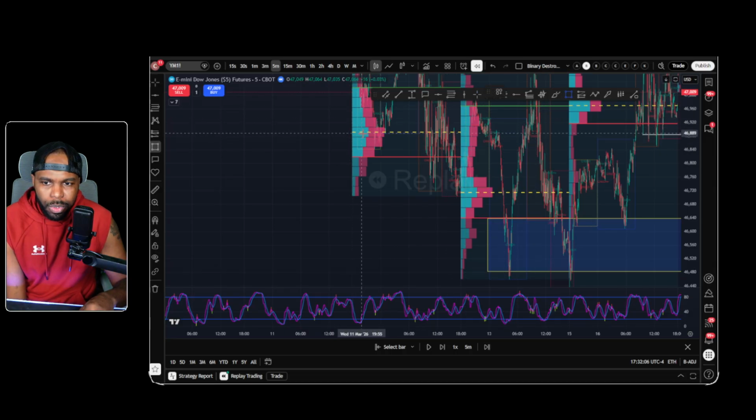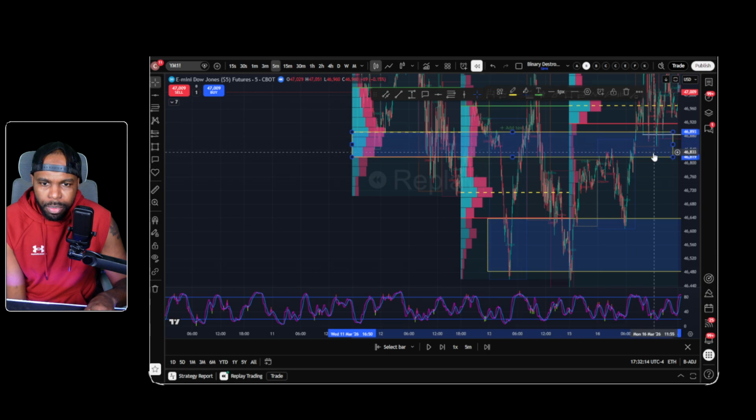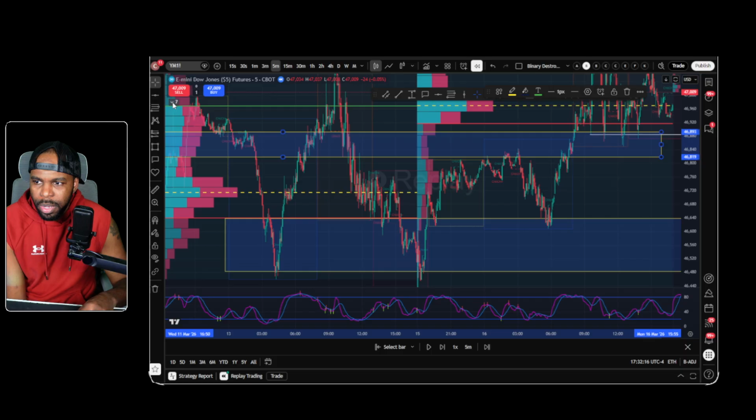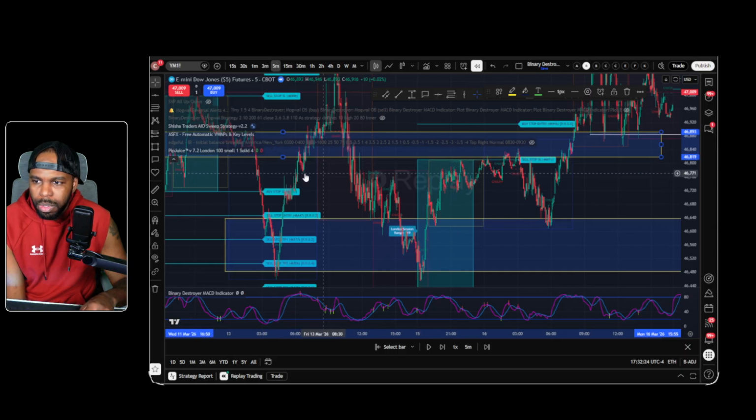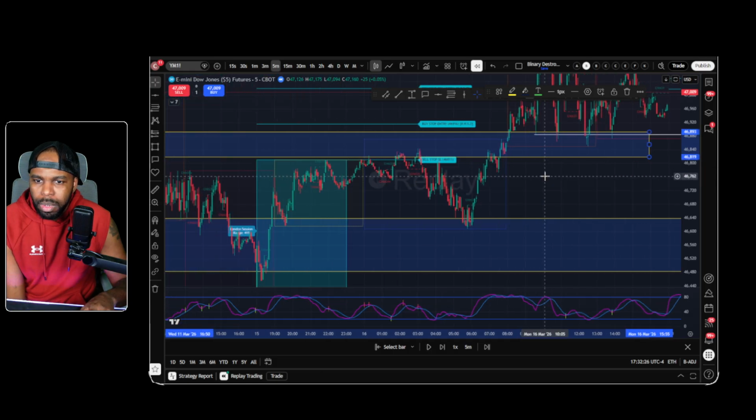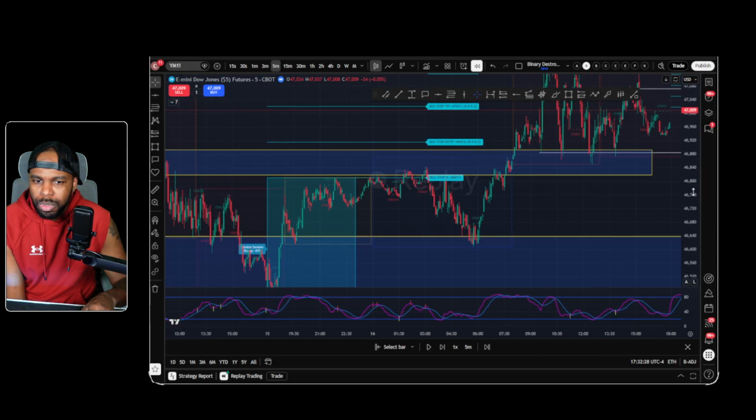So now I'm going to mark up a zone from this point of control to this value area low line, and I'm going to drag it into the session that I'm going to be trading. I'm going to take that off my chart. And then I'm going to go ahead and turn on Pip Juice.